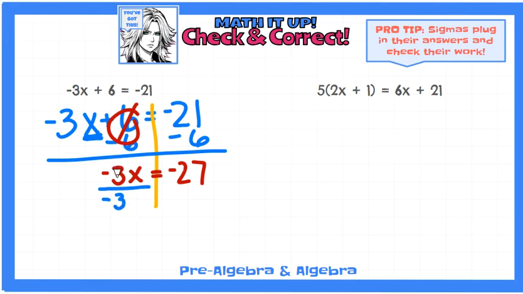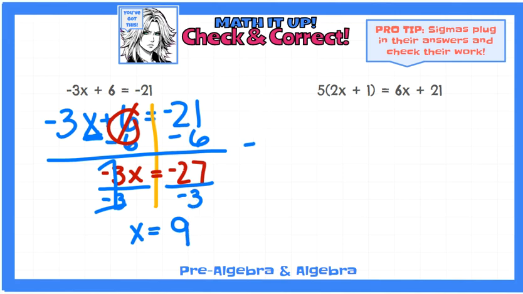Once I put any number, positive or negative, over itself, divided by itself, it turns into a 1. Anything over itself turns into a 1. I'm going to divide both sides by that negative 3 to keep that balance in my equation. That means that x is equal to negative 27 divided by negative 3, and negative divided by negative is always going to be a positive, and that's positive 9.